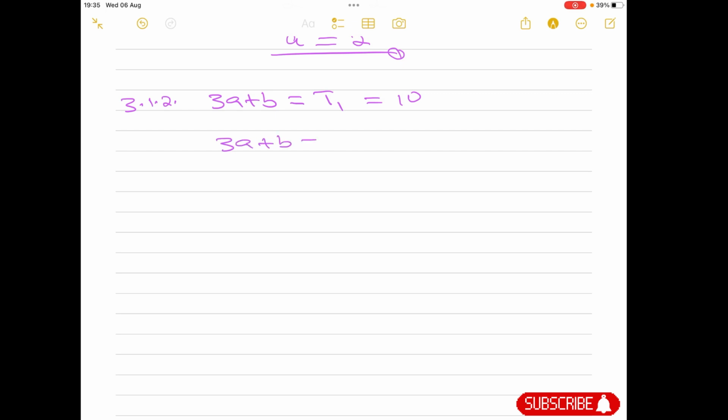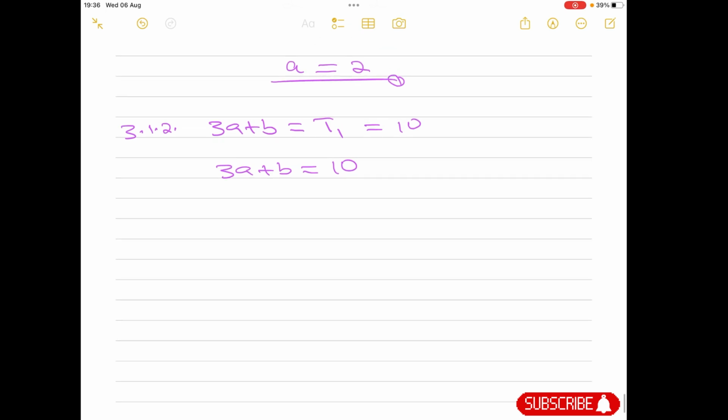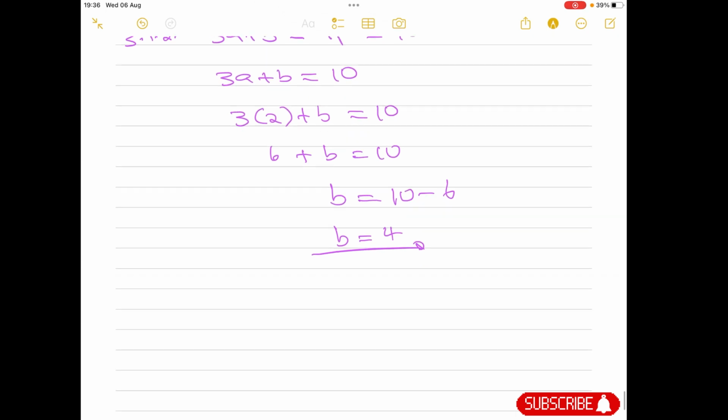So we have 3A plus B is equal to 10. And I know the value of A. I found it to be 2. So 3 times 2 plus B is equal to 10. So 6 plus B is equal to 10. Then B is equal to 10 minus 6, which makes B equal to 4.